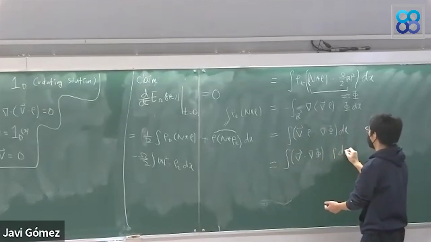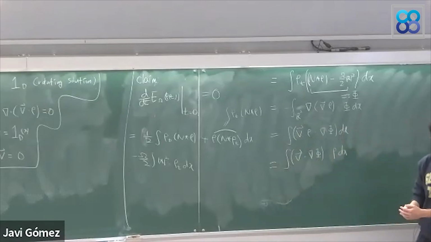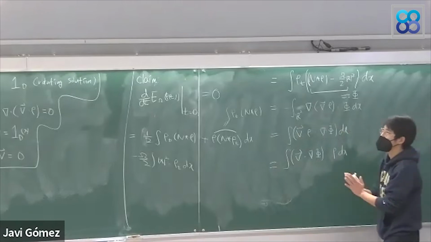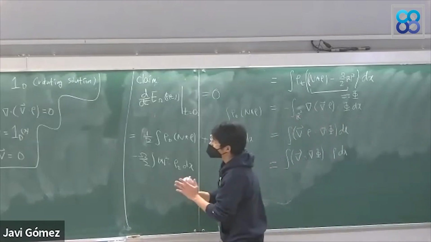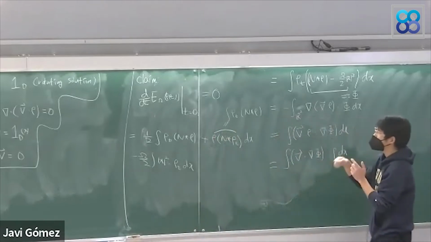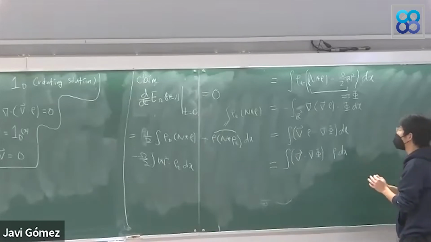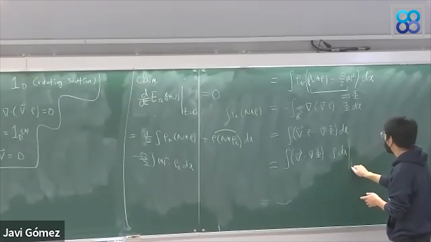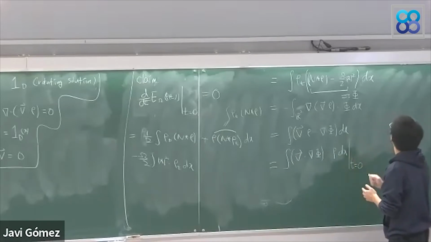Rho. This is just very straightforward computations, and then we evaluate this at time 0.